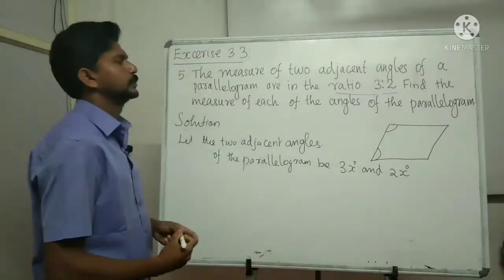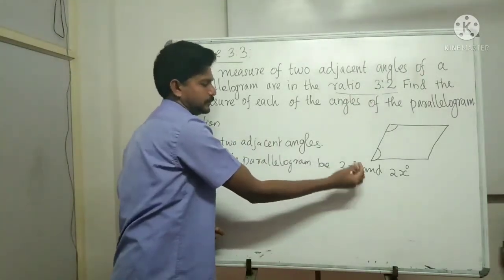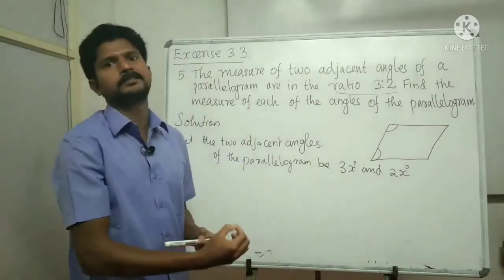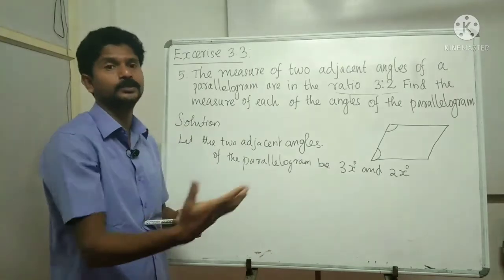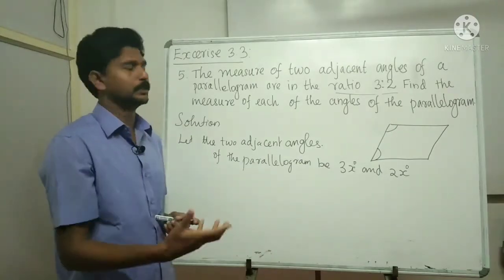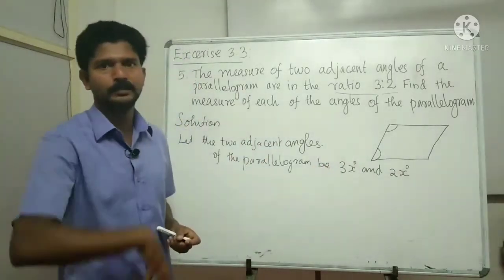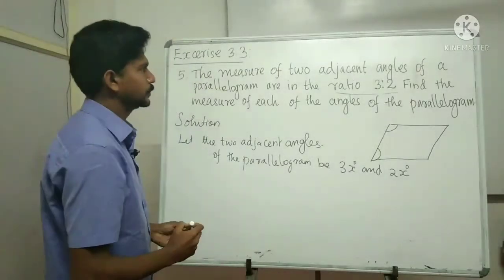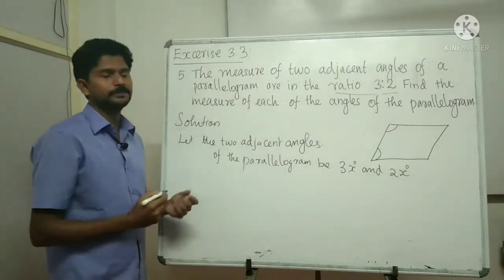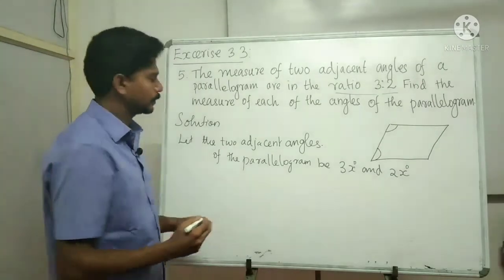Whenever a ratio is given, we attach an x to it and convert the ratio into the given measurement. Here it is angle measurement, so we write 3x degree and 2x degree. Now we have studied the property about the adjacent angles of a parallelogram.